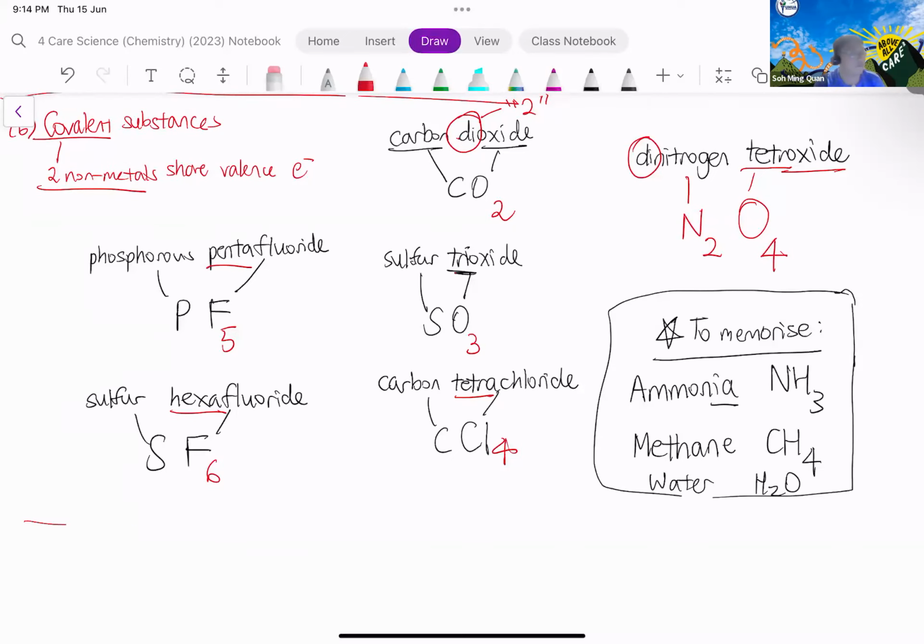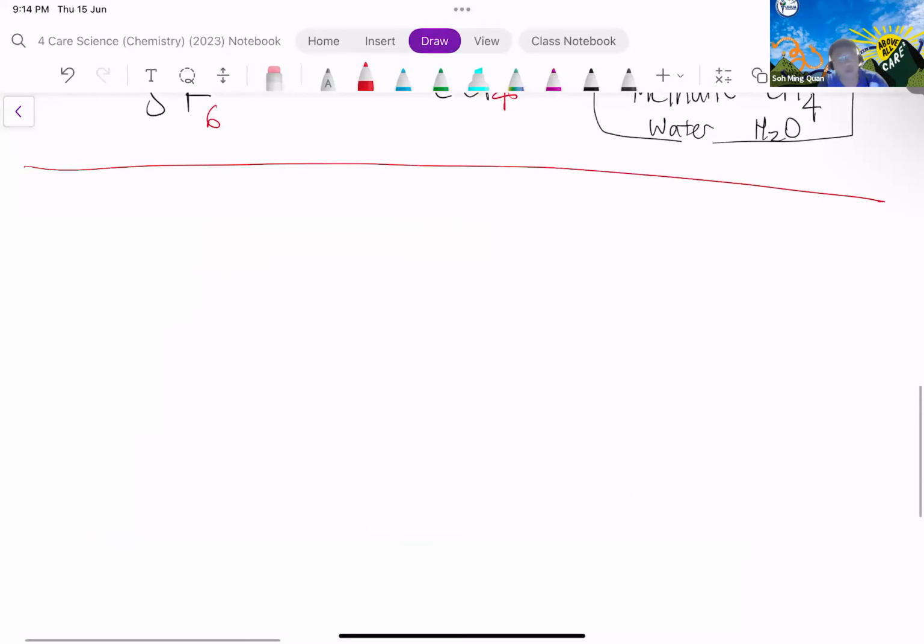Now, once you have mastered the formula, then can we progress to writing equations? So it is important to learn to write formula well, all right? Because if the formula is incorrect, like I said, the equation will be marked totally wrong, all right? So now, once you have learned how to write the formula, we start with equations. So now we are moving on to equations. Whenever you are writing an equation, it is important to know what is the reaction.